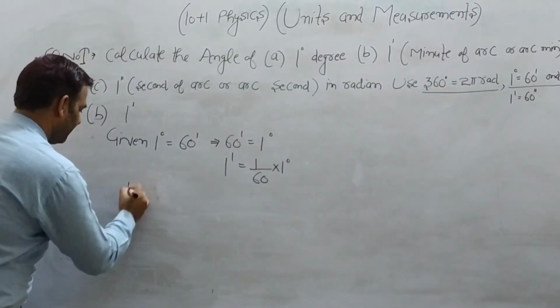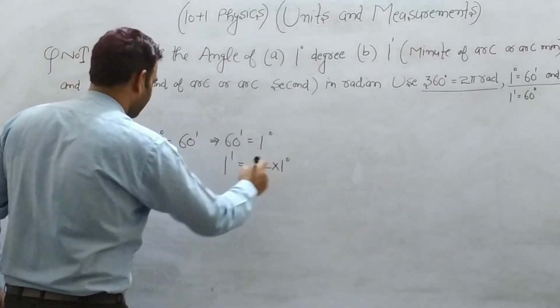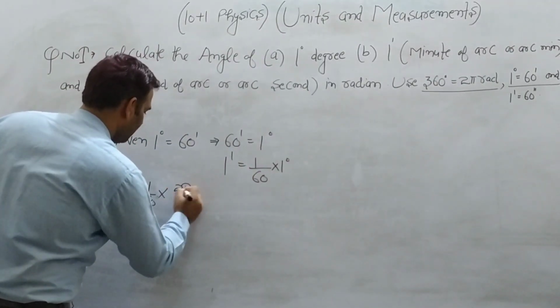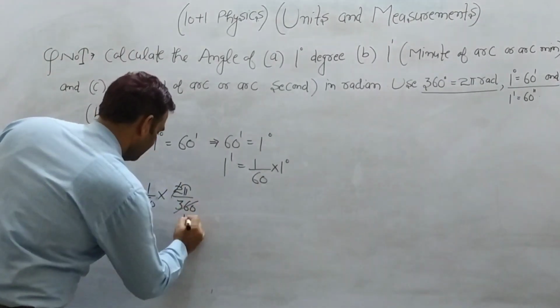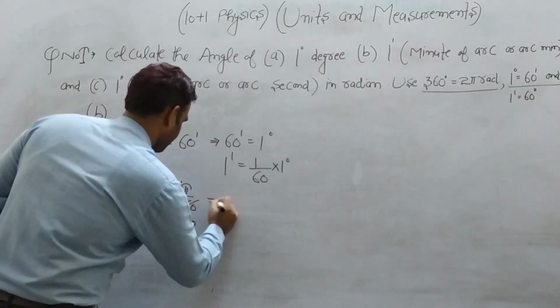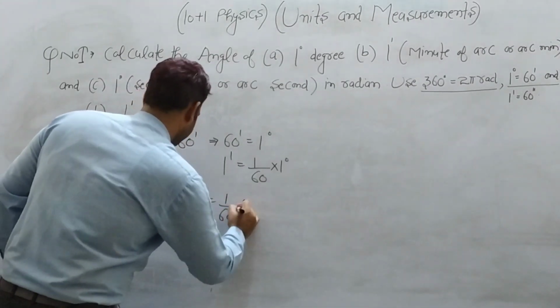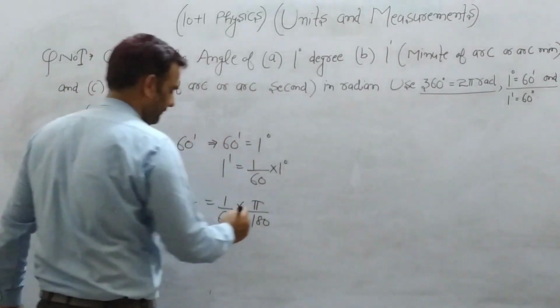Now 1 minute is 1 upon 60. What is the value of 1 degree? 2 pi upon 360, simplifying here, pi upon 180. 1 by 60 into pi upon 180.